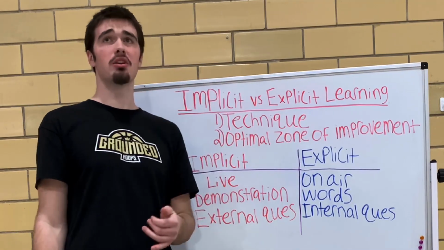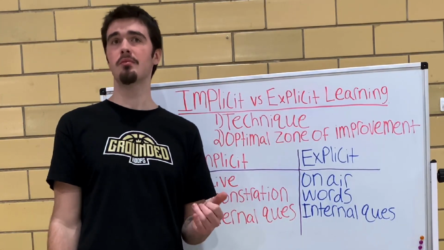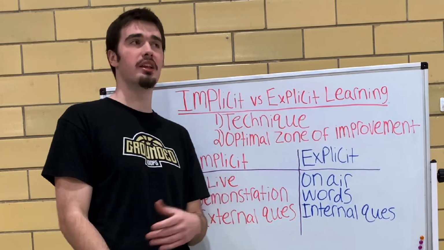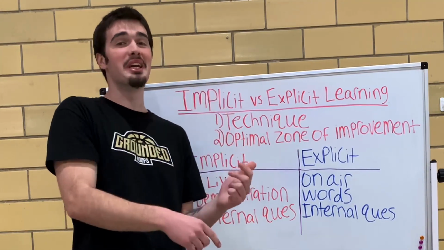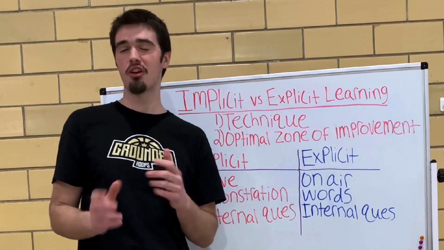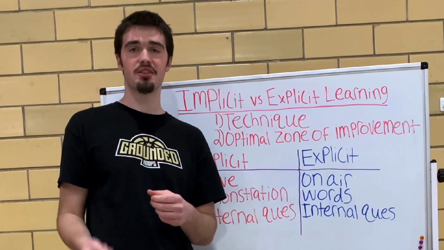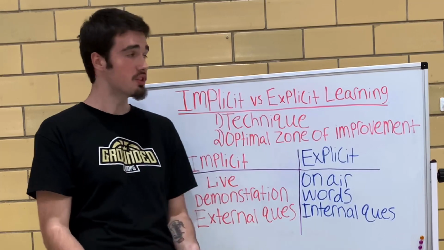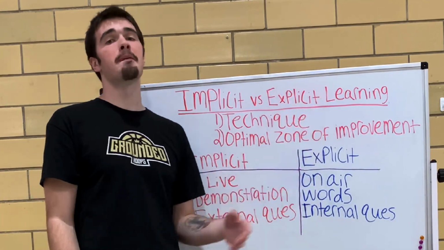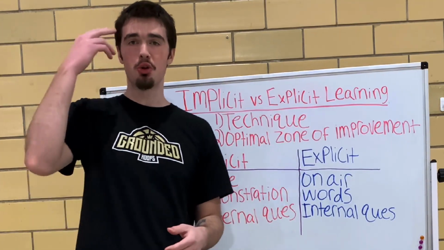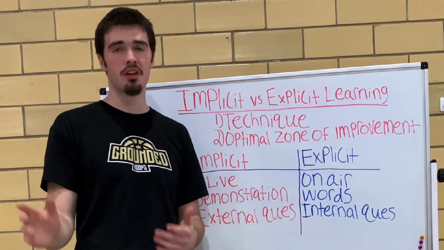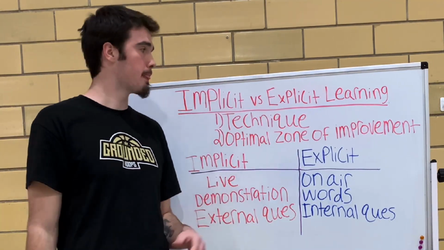If you think about Goldilocks, too cold or too hot, so too easy or too hard, neither of them are going to stick as effectively. If something is too easy, if you're being told the answers, explicit learning, you go on autopilot for all of your reps, and you just check out, you're not really present.